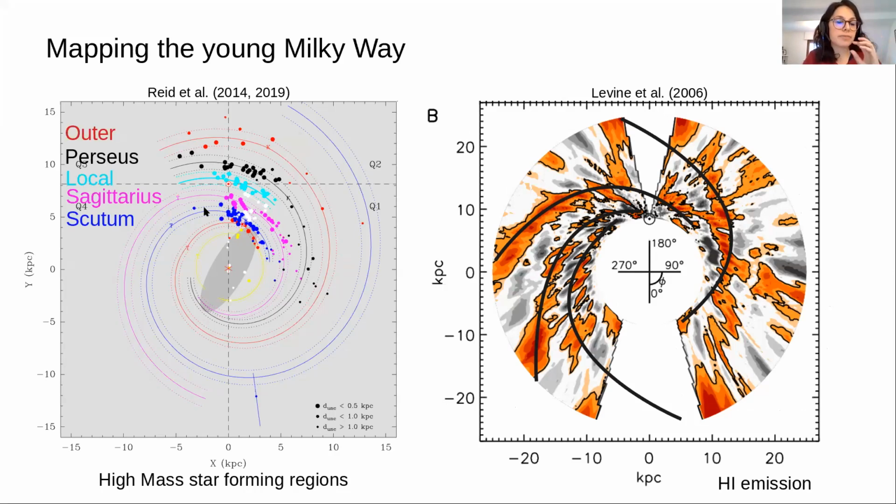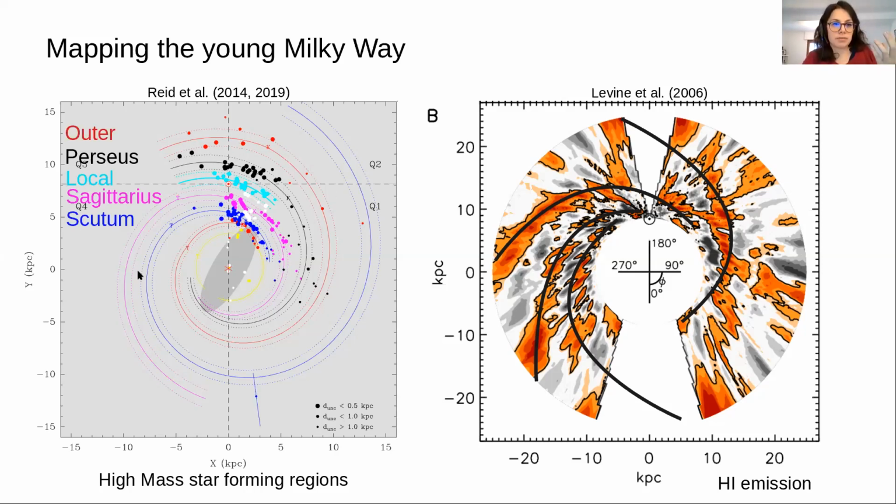These spiral arms, going from the regions closest to the center to the outskirts, are Scutum, Sagittarius, the local arm, which for some people is a spur, so not a main arm, while for other people it is actually a prominent arm, then the Perseus arm, and finally the outer arm.